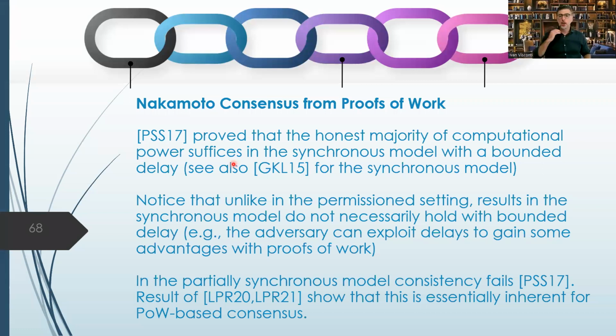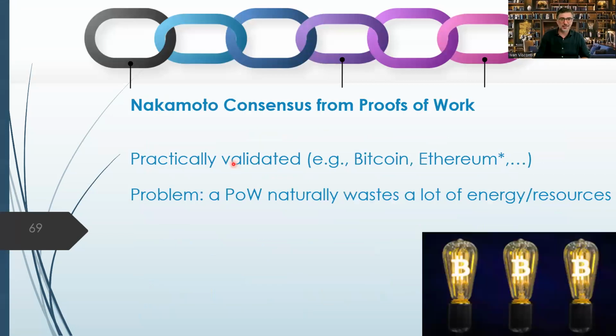This is what the researchers managed to do after the fact, because if you read Nakamoto's paper, in the analysis there is an intuition of why it makes sense. But then a lot has been done to prove it formally. We have positive results and there are also negative results. All right. Let me see what comes next.